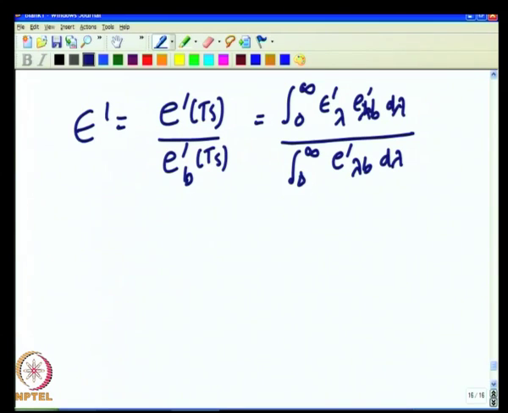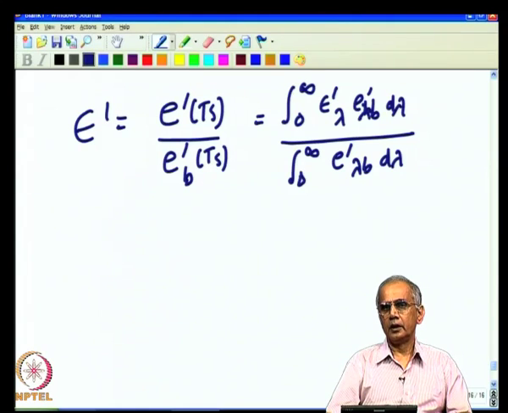So, what you see is that we obtain the directional total emissivity from the directional spectral emissivity by weighting the directional spectral emissivity by the blackbody function at the temperature of the surface which emits radiation.